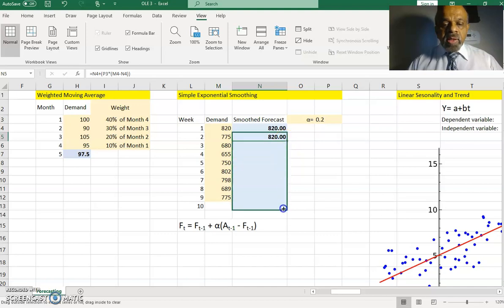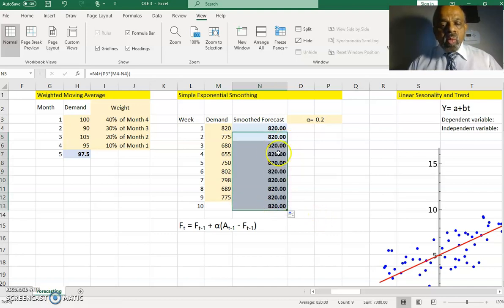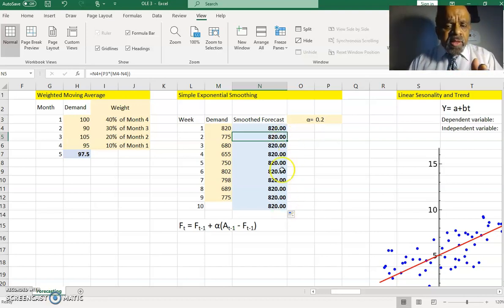Now, if I copy and paste, I'm going to get whatever it is, right? This is where the problem is. I cannot just copy and paste, because you need to use an absolute reference. If you just copy and paste, you're going to get some other value, because when you copy and paste, the reference changes. 0.2 will become 0.0, like that. It changes at every place.